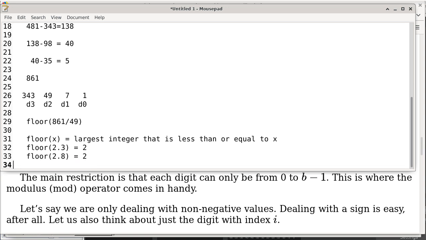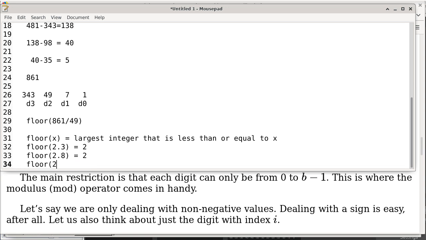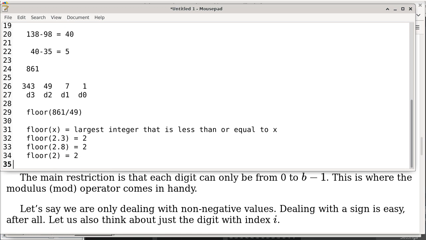It's still 2. Very good. What about the floor of 2? 2. What about the floor of negative 2.3? No. Not negative 2. It's negative 3, because it has to be less than or equal to. So it's a trick question, yes.